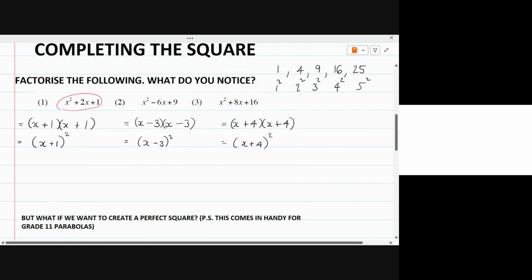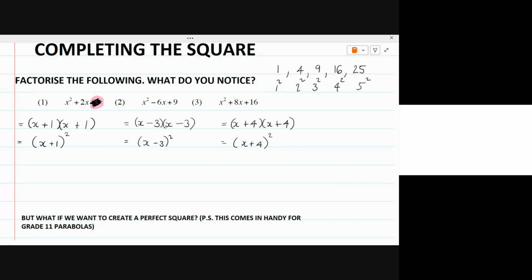But okay, let's think about what happens when we have to create the perfect square. Now, I want us to note something here. If they give us just those 2 numbers, and they want us to fill in this blank so that we get a perfect square, how do we maneuver our mathematical thinking to get to that number?